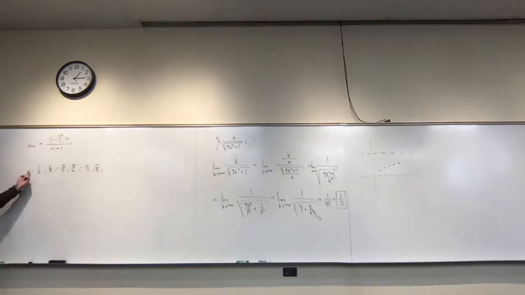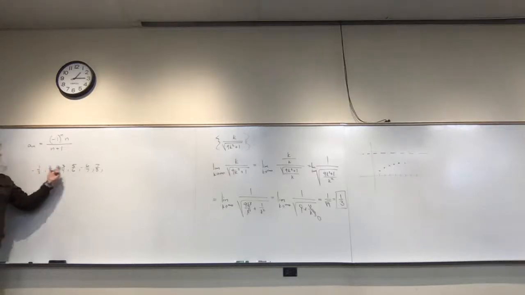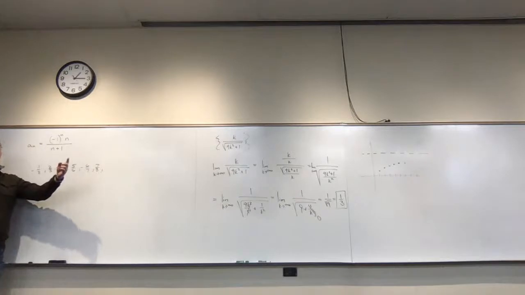Now, if these were all positive, what would this be moving towards? 1, right? If they were all positive, it's getting closer and closer to 1, but it is not. It's bouncing back and forth. The negative ones are getting close to -1, and the positive ones are getting close to 1.